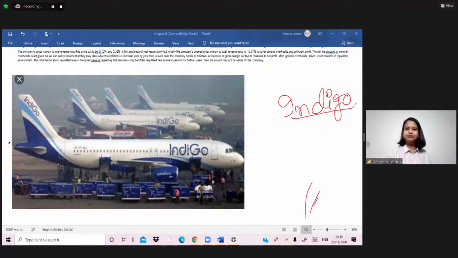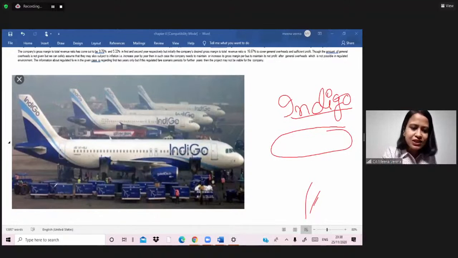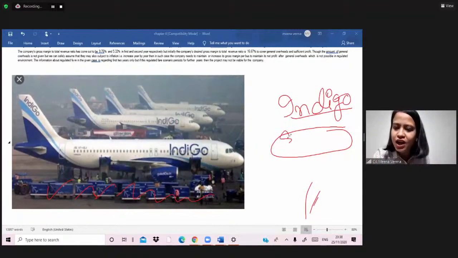Now see, Indigo company has many planes, not just one. They don't run one plane. They have many planes. So they have their ground staff also, like you can see here, the people with the trolley with the Indigo symbol. They are their staff. They may have some place where they keep their planes.